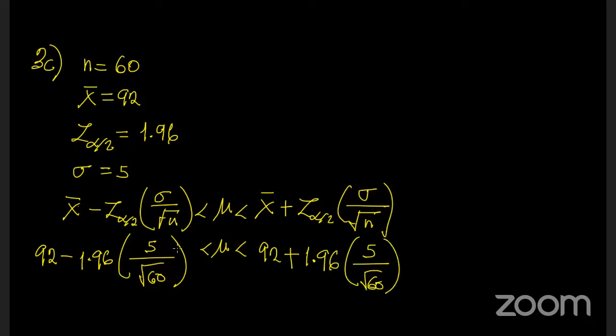I had the left side to be 90.73, less than the mean, and the right-hand side to be 93.27. Now let's confirm it.